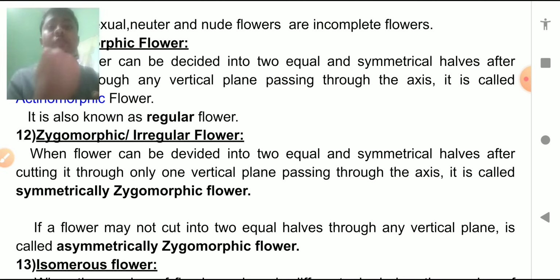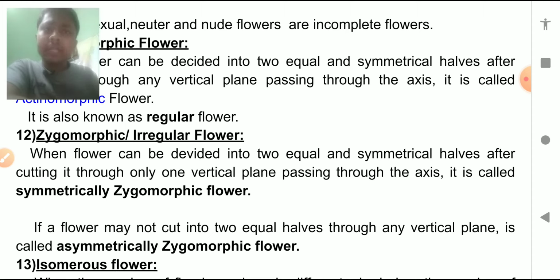Like if you think this is a flower, and you cut it through a single vertical plane, only one vertical plane, then it can be divided into two equal halves. But if you cut it through any other vertical plane, it cannot be divided into two equal halves. So this is a symmetrically zygomorphic flower. I hope this is clear.